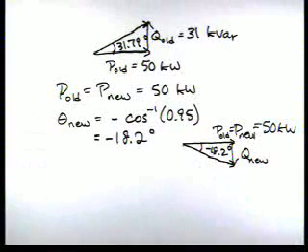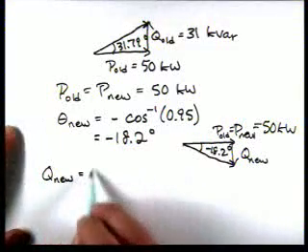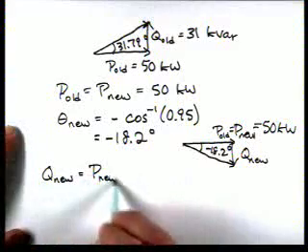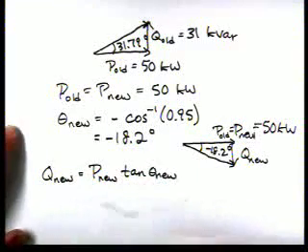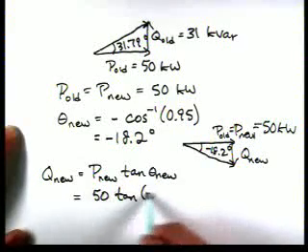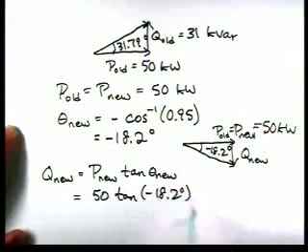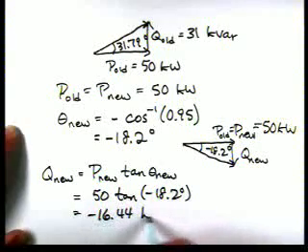And that angle is minus 18.2 degrees. So now Q new is P new, which is P old, times tangent theta new. So we have 50 times the tangent of minus 18.2 degrees, which is minus 16.44 kvar.